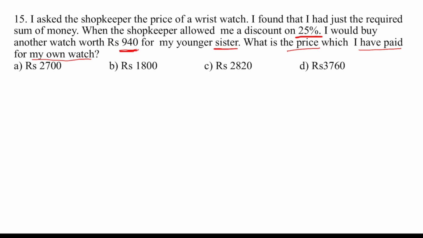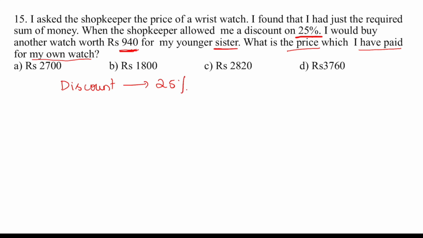Now we know that the discount given was how much? 25%. When the discount was given, some money was remaining with him, and that money he could use to take one more watch. So when 25% discount was given, 940 rupees was remaining with him.